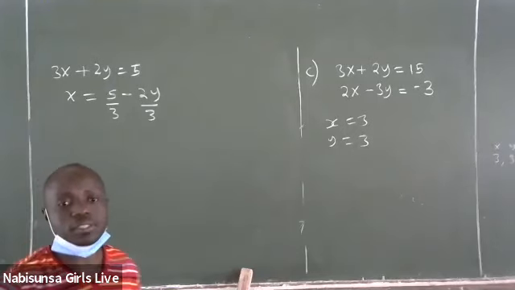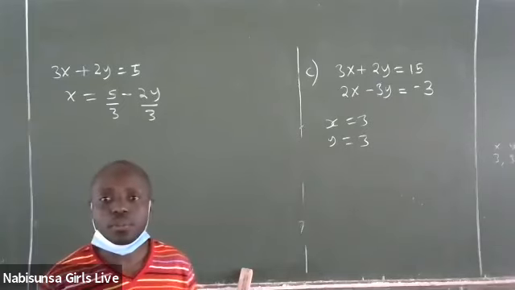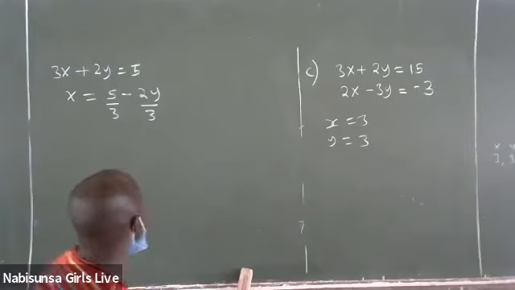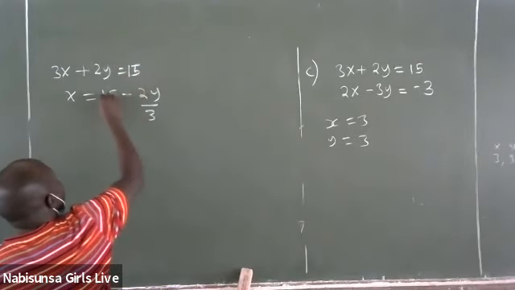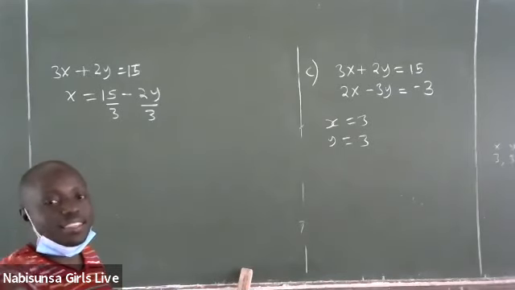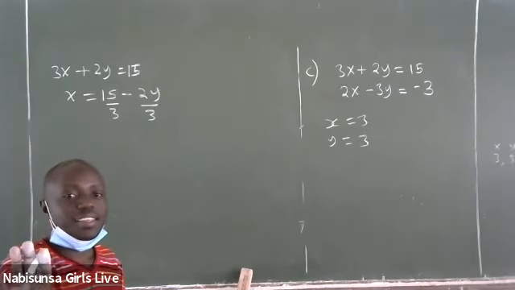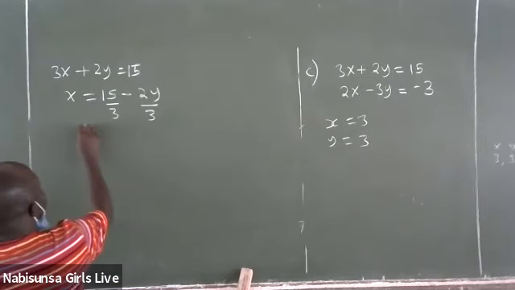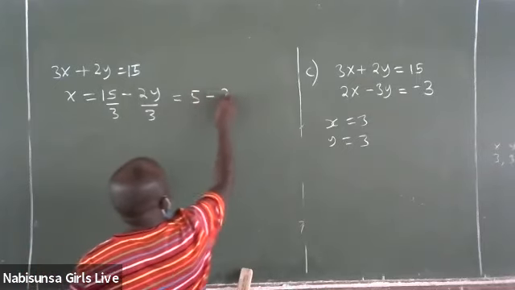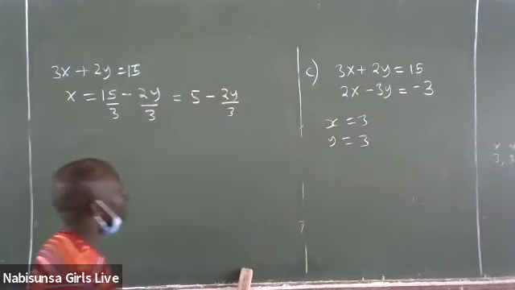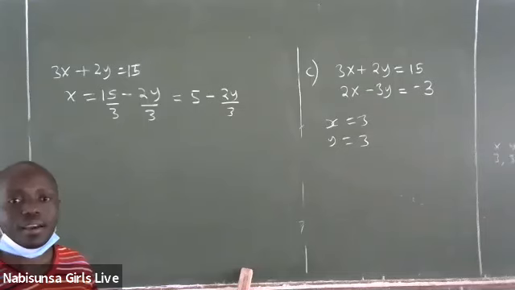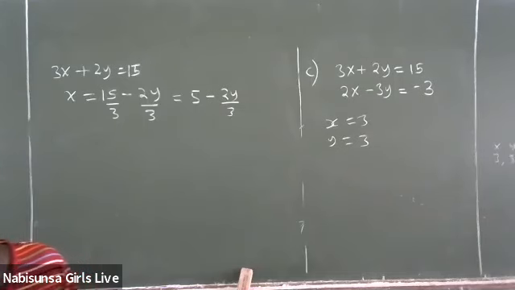Okay. It is 15 on your question, teacher. Let us go on. So x is 5 minus 2y over 3. Is it fine now? Yes, it is fine. Mariam is fine. Yes, teacher.